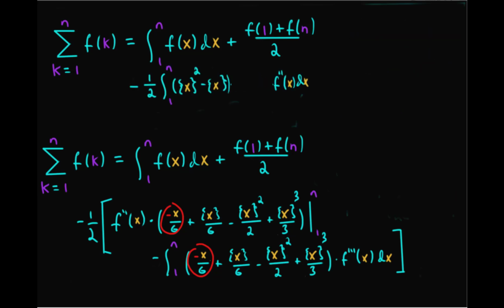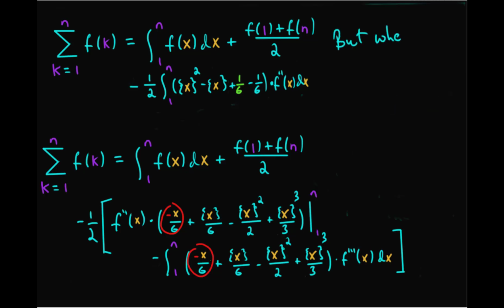Here I'll just move it over to the left to make some room, and now I'm also going to make a space between the first term and the second term it's multiplying, f double prime of x, because I'm going to rewrite that first term in the integrand as (the fractional part of x squared minus the fractional part of x plus 1/6 minus 1/6) times f double prime of x dx. And by doing that, I've effectively added 0 inside that term of the integrand. So I've changed the form of the integrand without actually changing its value.